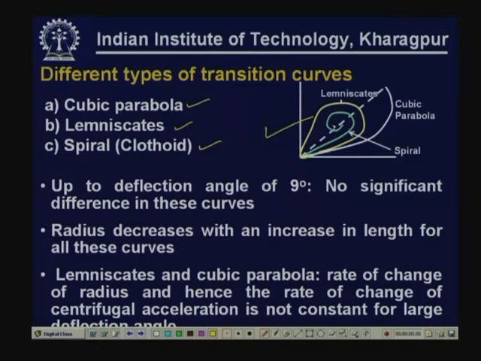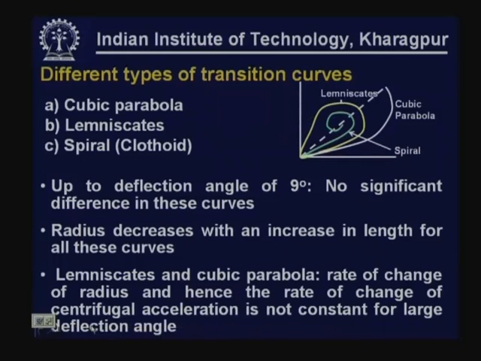However, it may be noted that for transition curve types A and B as indicated in the sketch, the rate of change of radius, and hence the rate of change of centrifugal acceleration, is not constant for large deflection angles.